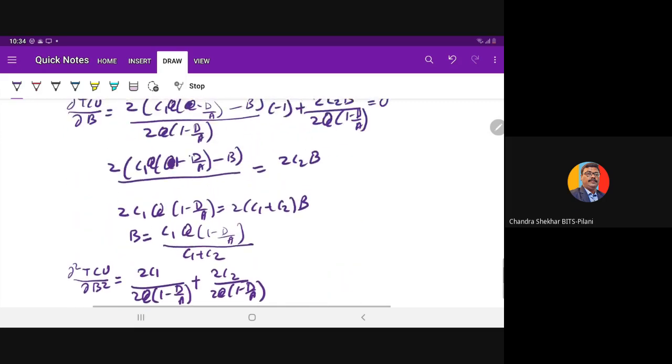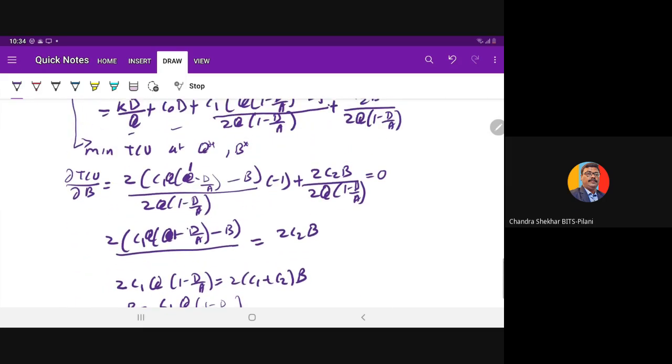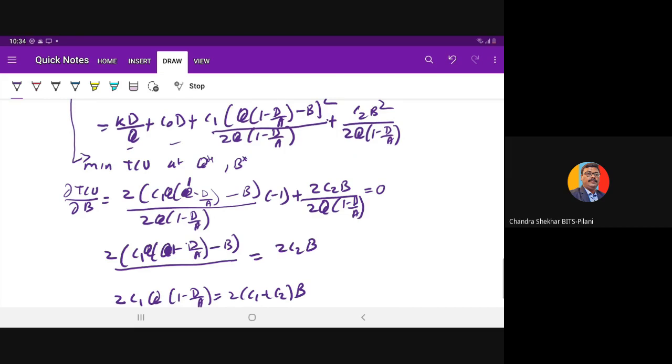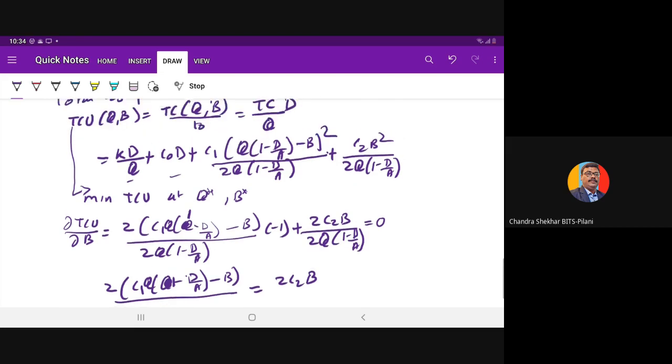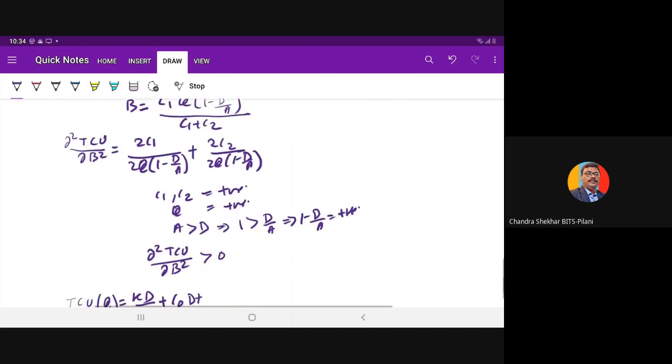Here we have the TCU function, so it is equal to KD upon Q plus C naught D plus C1 into (Q(1 minus D upon A) minus B) whole square. In place of B, we just put the value we have derived.